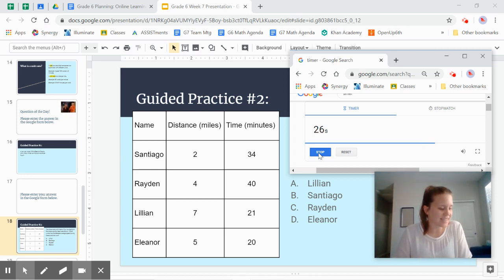Last 30 seconds. Think carefully about which runner is the fastest.